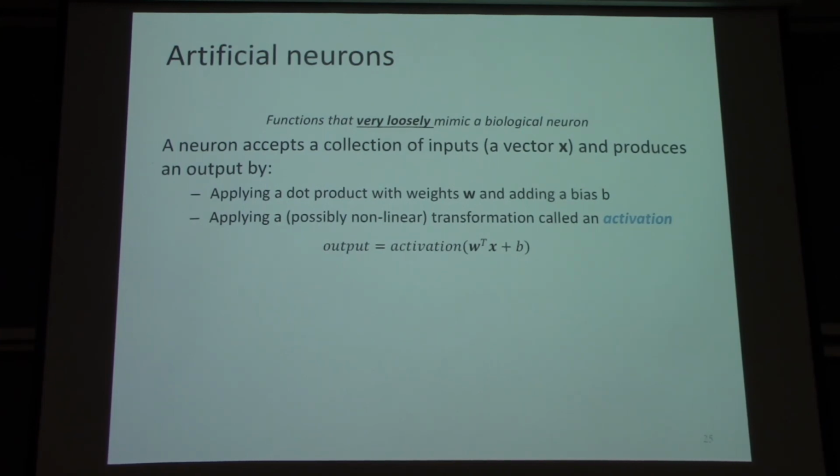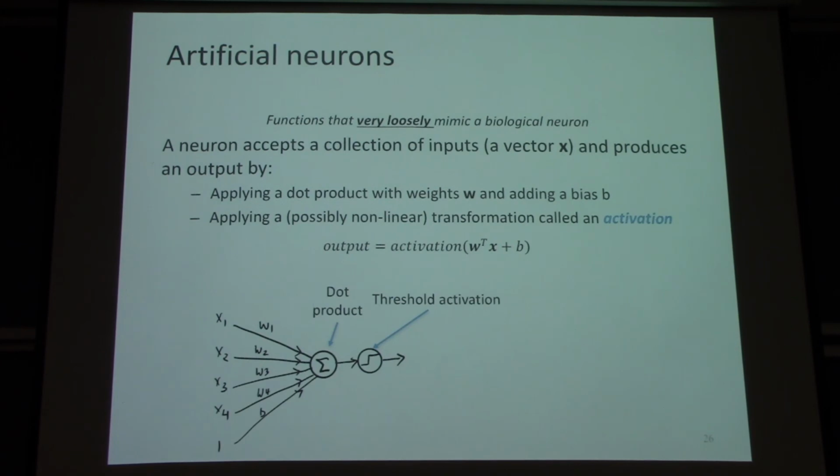An activation function is typically a non-linear step. We've already seen an activation function, the threshold. Thresholding the dot product is a kind of activation. The output of the neuron is an activated dot product. We take some inputs, we apply a dot product, we pass it through this threshold, which in this case is the activation.